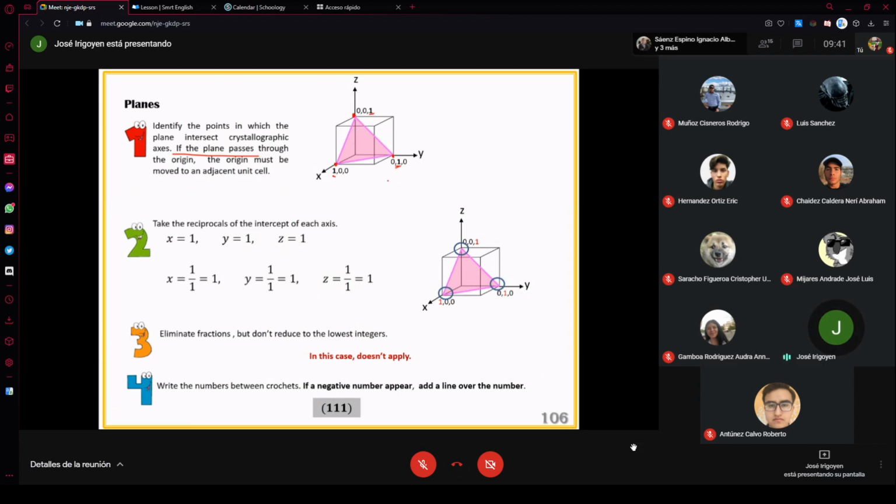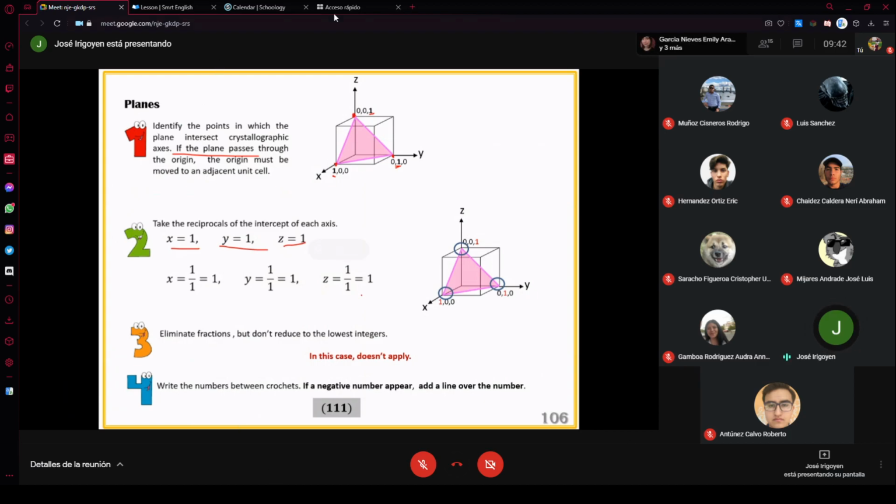Very well. Having identified all these points, we're going to take the reciprocals of each value. The reciprocal of 1 is going to be 1 for each value. So we have the reciprocals, and the next step is to eliminate fractions, but in this case we don't have any.